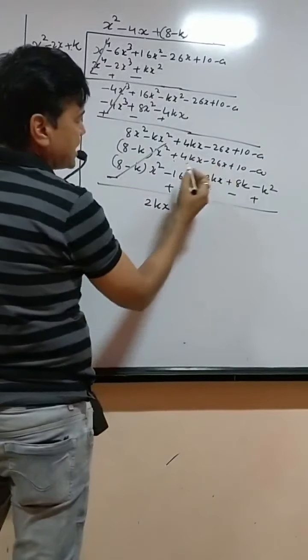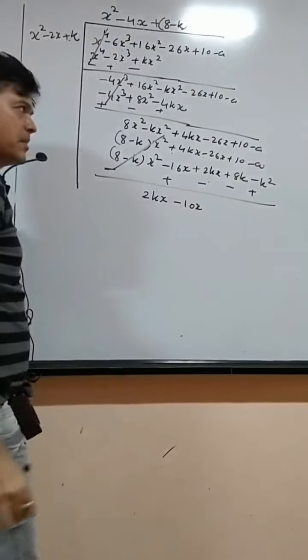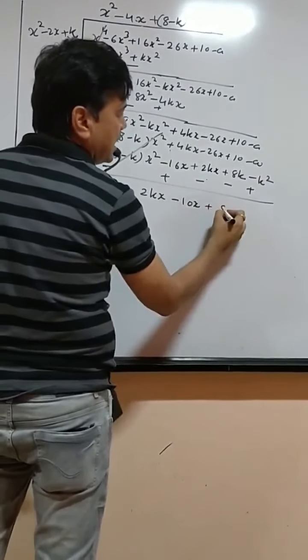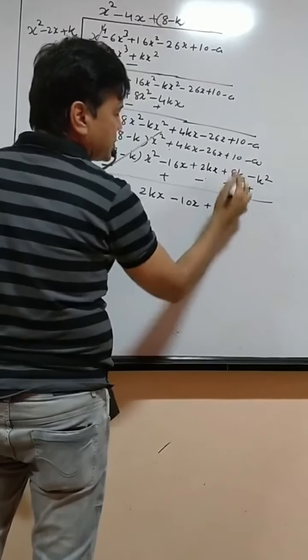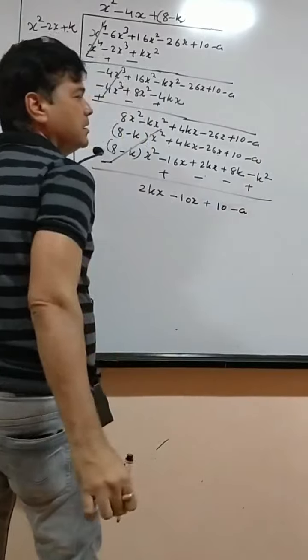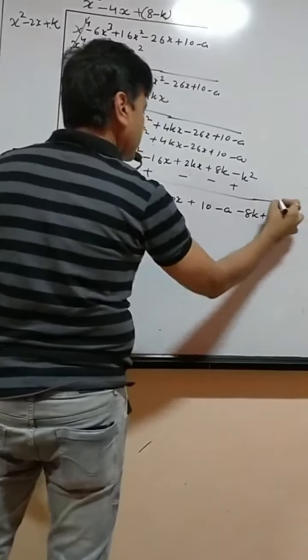Minus 26x plus 16x is minus 10x, and what is left? Plus 8 plus 10 minus a minus 8k plus k^2.